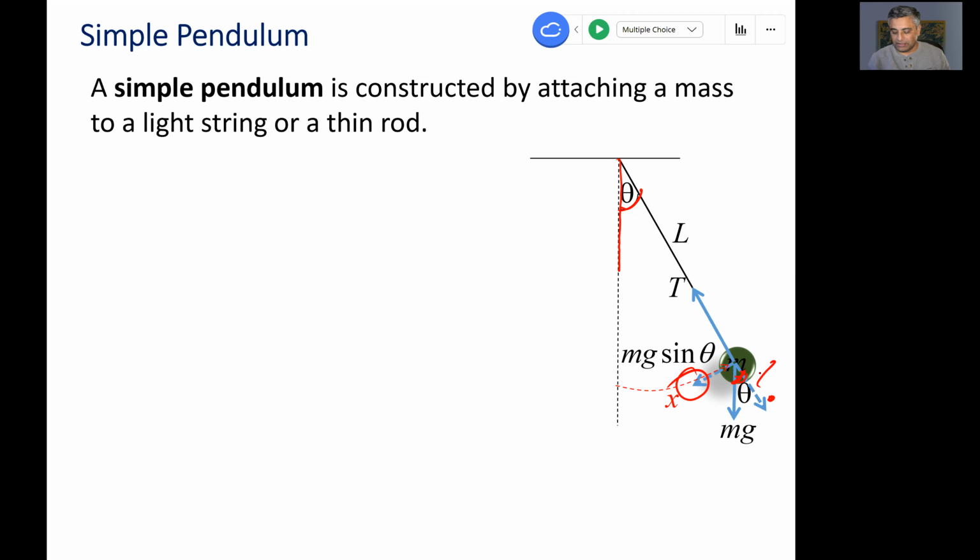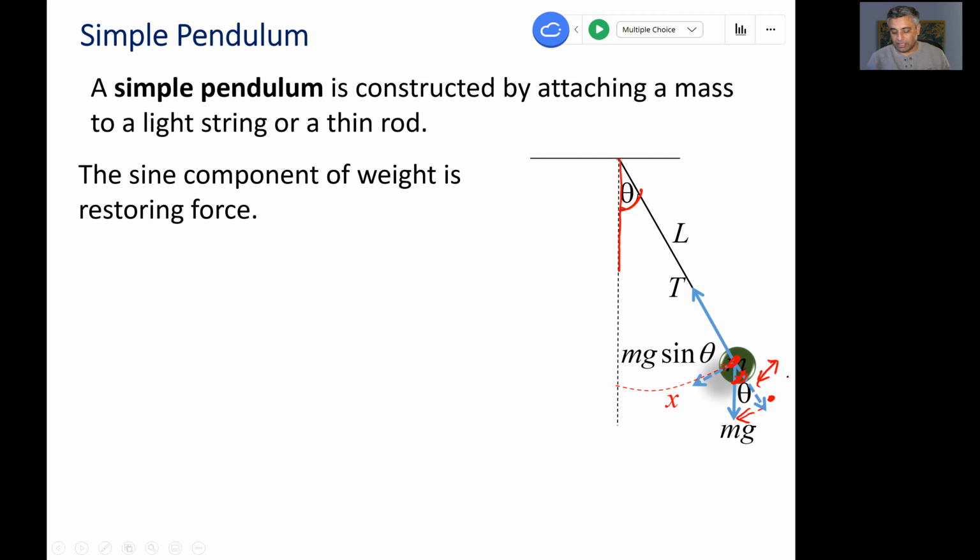So this is adjacent for this triangle, and this is the same as that, but since we draw them from the object, we are moving that one there. So that's opposite, mg sine theta, and this is adjacent, cosine. It has a cosine.